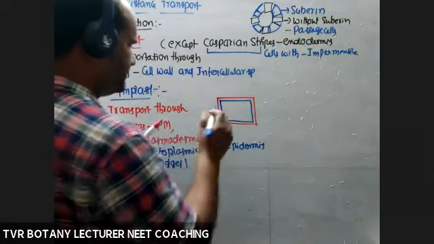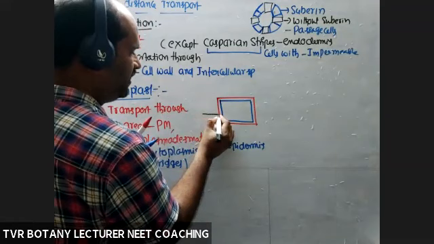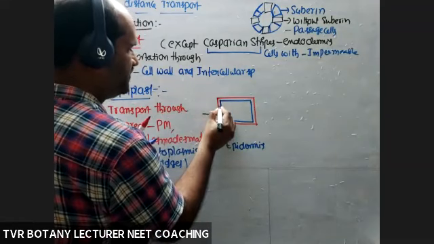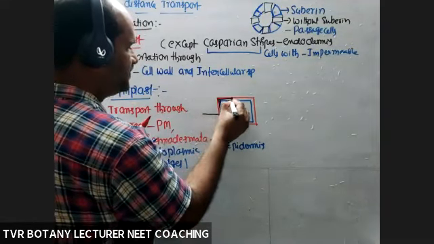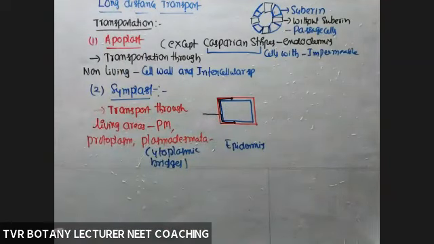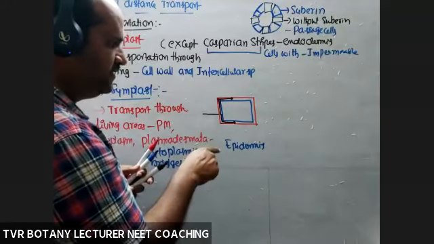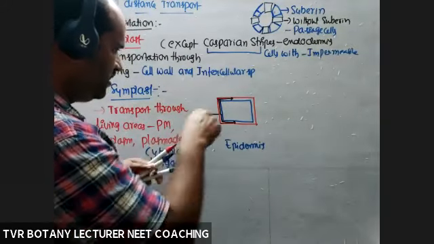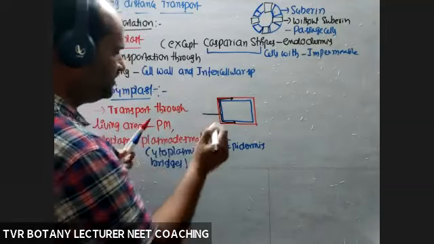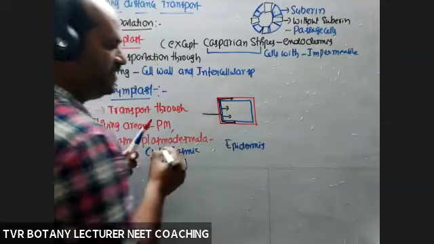Okay. So in this case, the movement of water through the cell wall and in between the space present between cell wall and plasma membrane, that is apoplast movement. So here water is not crossing the plasma membrane. If it is crossing the cell membrane, that is symplast movement.